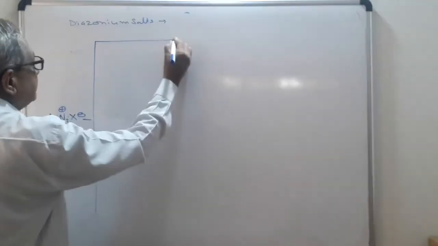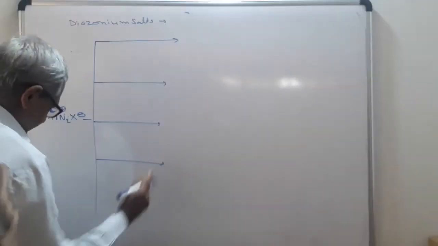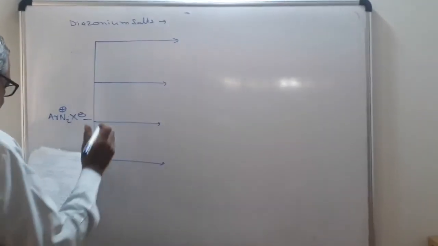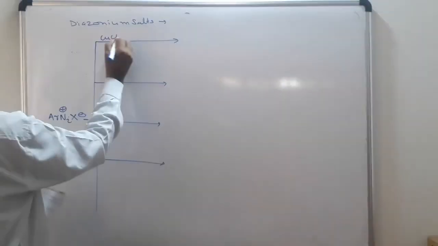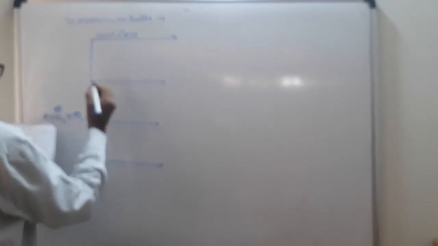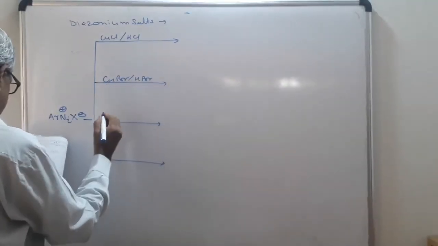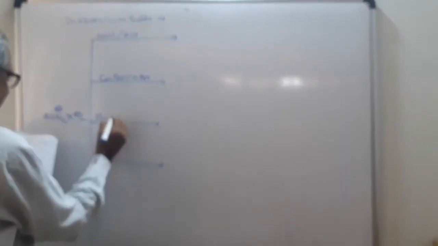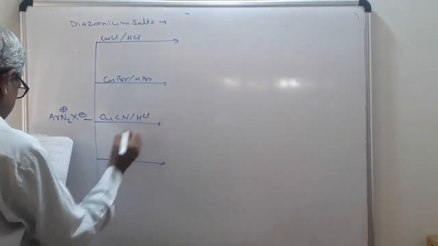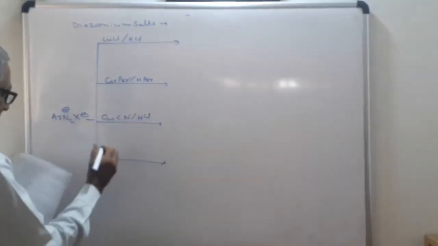So see the simple reactions here. When you do the reaction with CuCl in presence of HCl, cuprous chloride, CuBr in presence of HBr, then CuCN in presence of HCN, then reaction with KI.